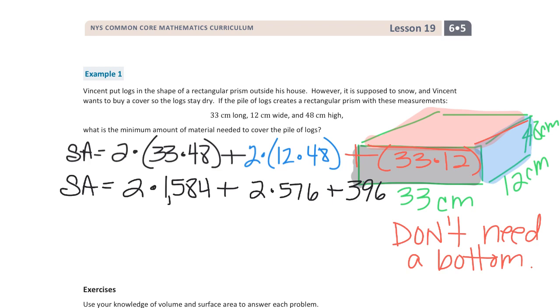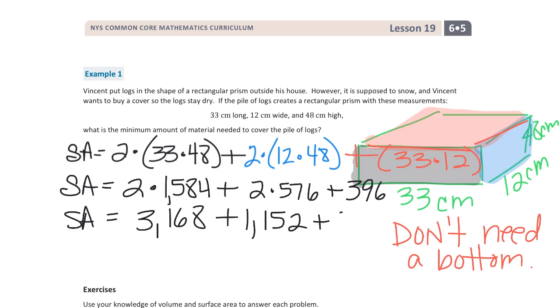All right, now I'm going to take care of my multiplication. So I have 2 times 1,584, and I get 3,168. And then I've got 2 times 576, 1,152, plus the 396 for the top.